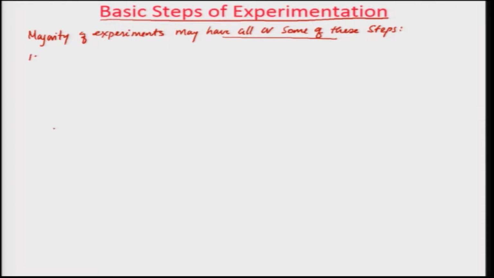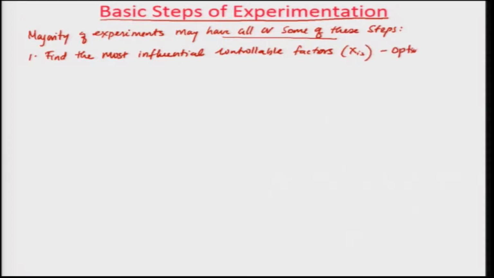Number 1, first step: find the most influential controllable factors. I told you what the controllable factors are. These are the Xi's. You can think of optimization as an example of doing this. Find out which are the most influential controllable factors. Okay. That is the first part of it.